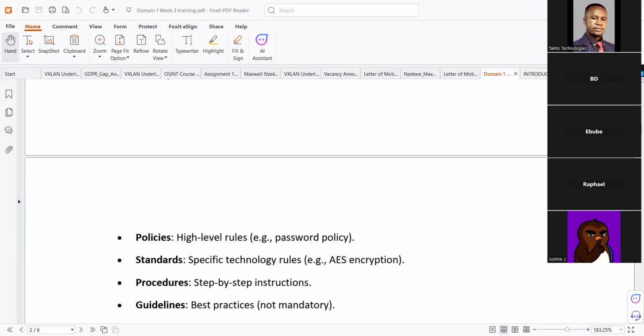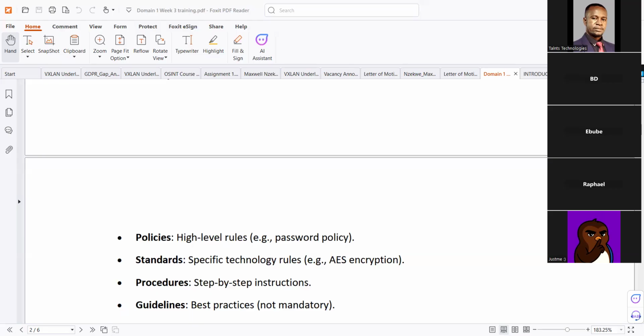But standards are specific. They are those mandatory rules that support those policies, to ensure consistency and compliance. There is what we call encryption standards. Standards are being set by what? A body. In Nigeria, we have NAFDAC standards.